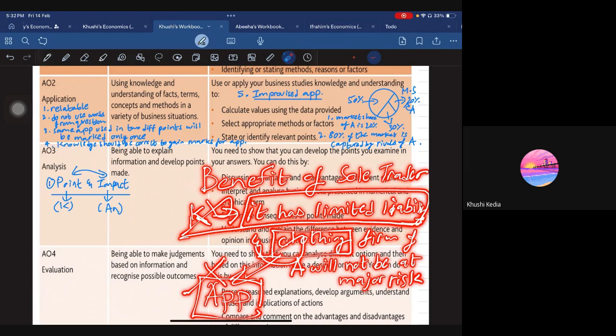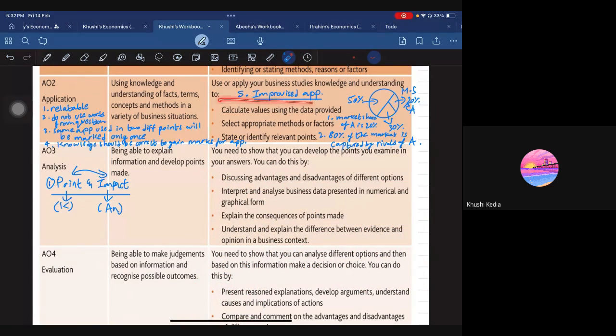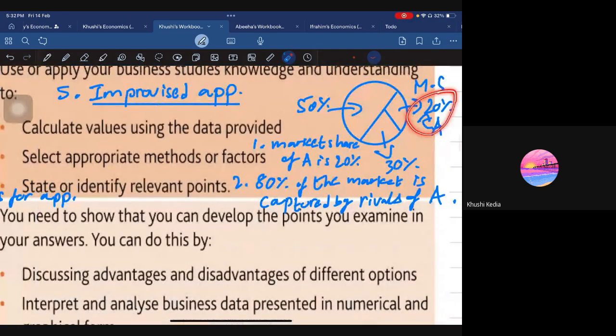For writing an application. Now, the fifth point that I raised was that sometimes you could add an improvised application. An improvised application means, for example, you have the market share in terms of a pie chart. So company A has a market share of 20%, and their rivals have a share of 30% and 50%. So there are two ways in which you could add an application. You could say market share of A is 20%.